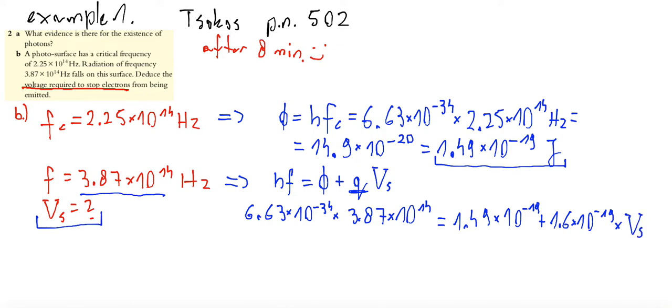So you have an equation with one unknown. Use your calculator and calculate Vs, and then Vs will be given, of course, in volts.